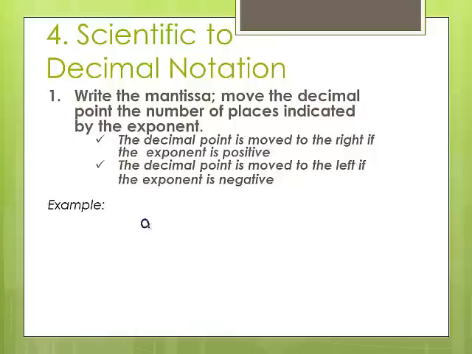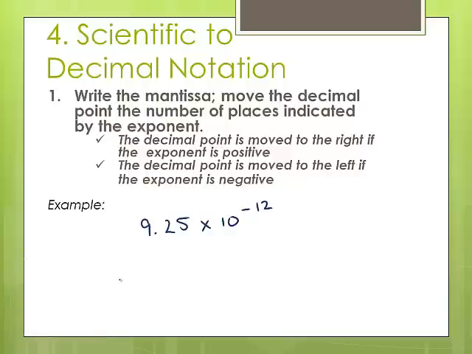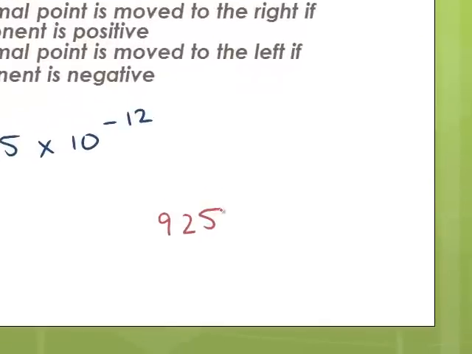If I have 9.25 times 10 to the negative 12, this is going to be a lot of zeros, which will show you exactly why we want to use scientific notation. We'll change our color. I'm going to take my initial value, 925, and I'm going to move the decimal place 12 times.